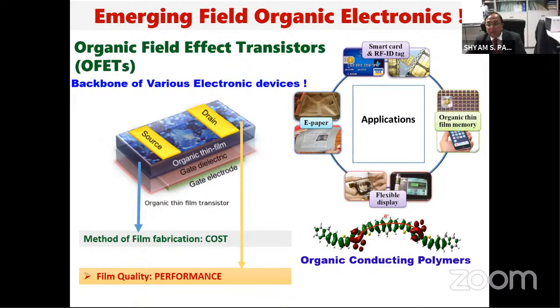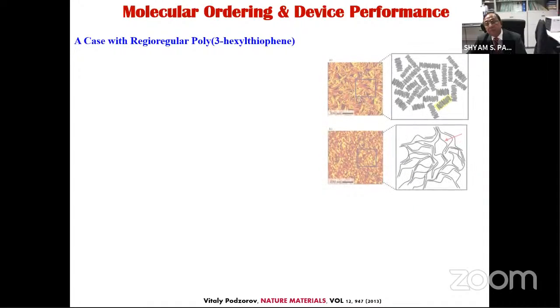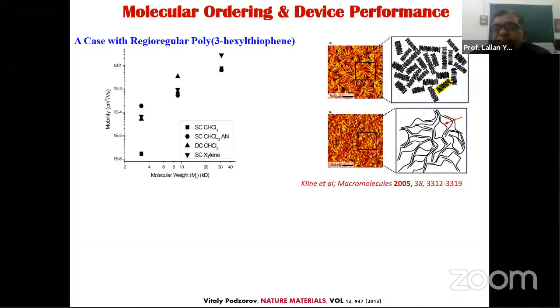As I told you, organic conducting polymers are planar one-dimensional macromolecules. So they have a very high inherent tendency of molecular self-aggregation, and this molecular ordering controls the device performance. For example, I will take a typical poly-3-hexylthiophene. This is an organic polymeric semiconductor, commercially available from Aldrich.